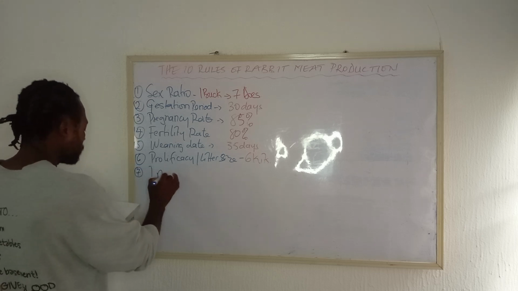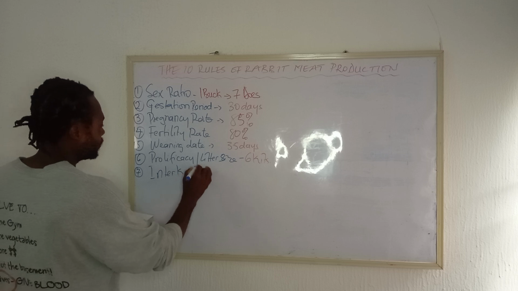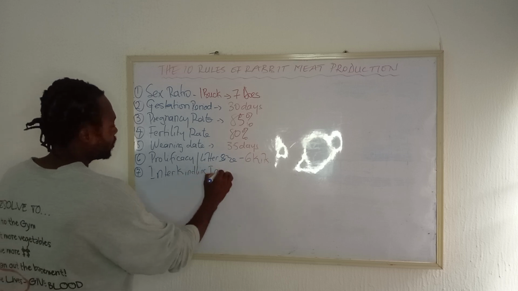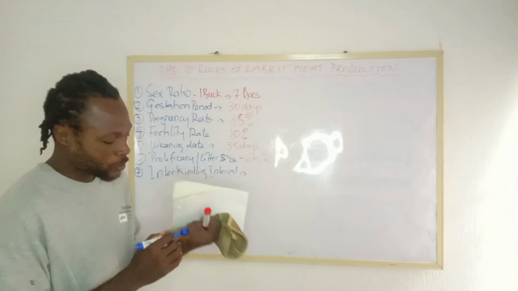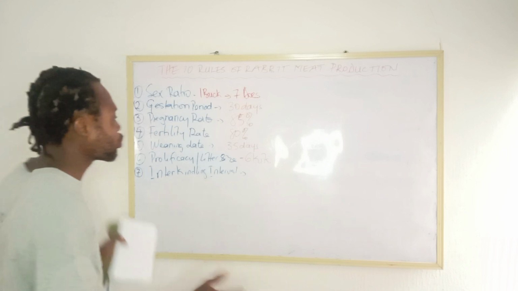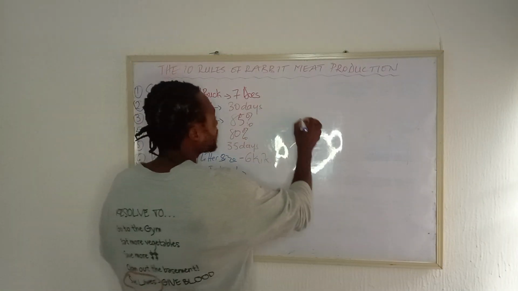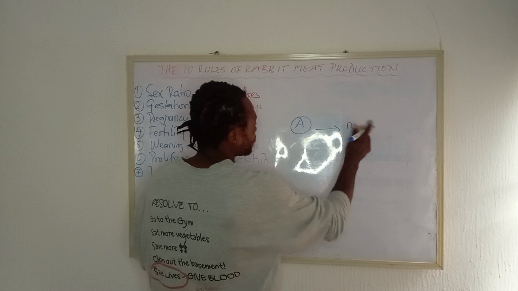The next one we have is your interkindling interval. Here I'm talking about the period of time between 2 births. That means, if your rabbit gives birth at point A, when is she going to give birth again?